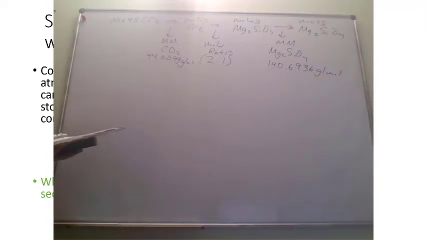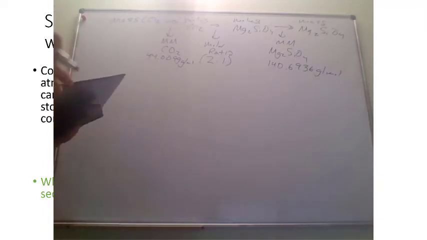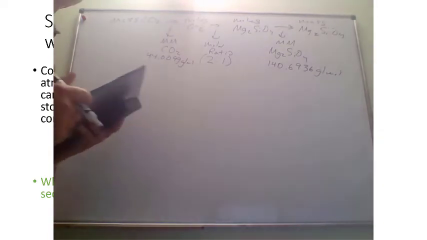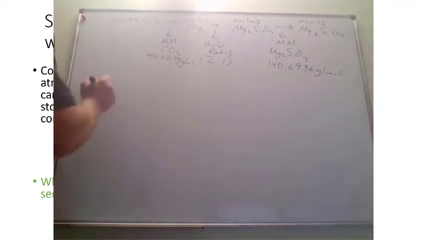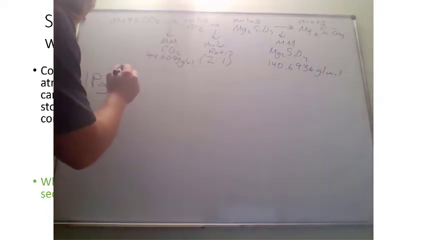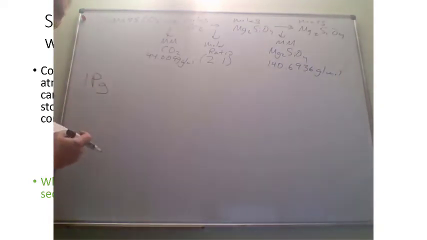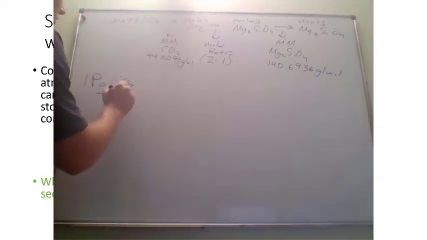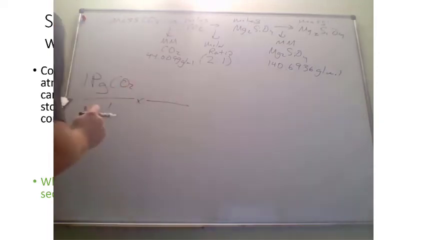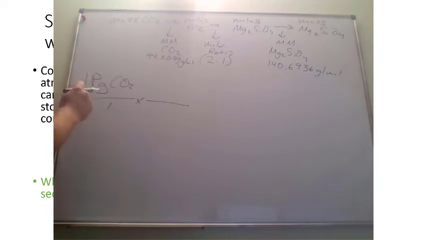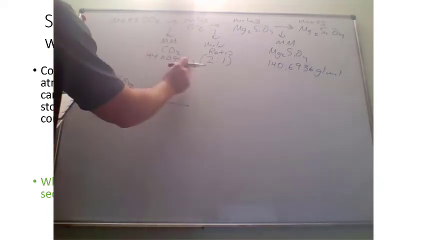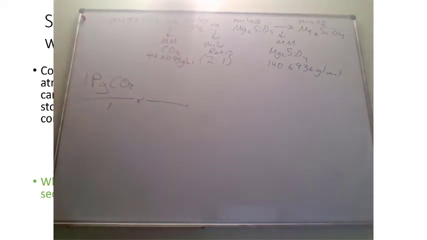All right, so we start off now with our measured value over 1, which is going to be 1 petrogram, so 1 pg of, what's the value we're starting with? CO2. Sorry about that. And then we need to convert this from petrograms into grams, because our conversion factor is in grams per mole.